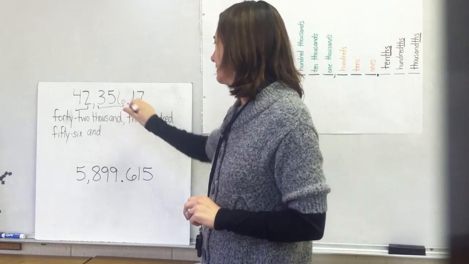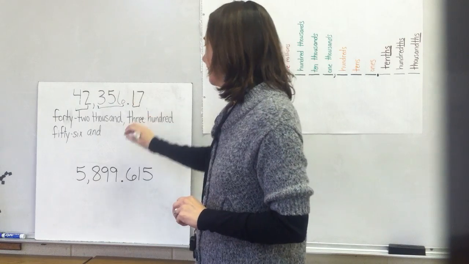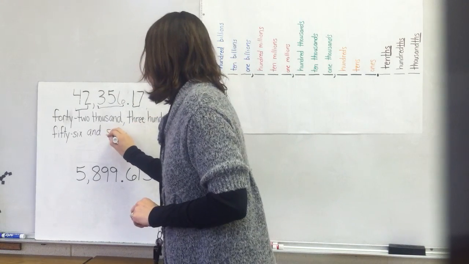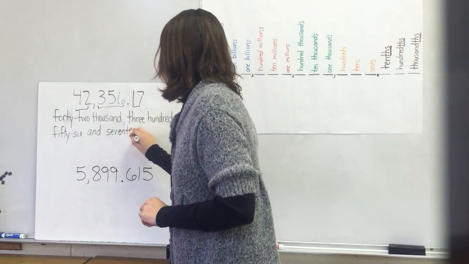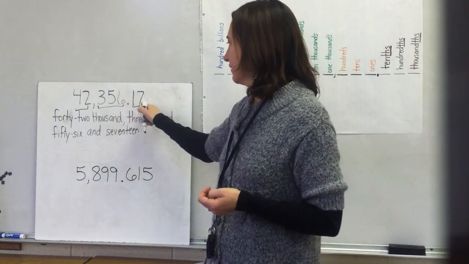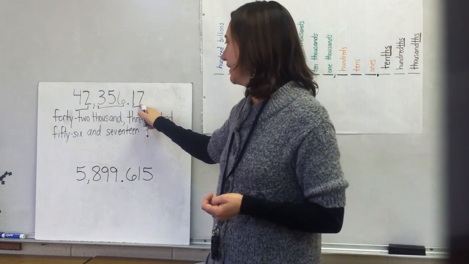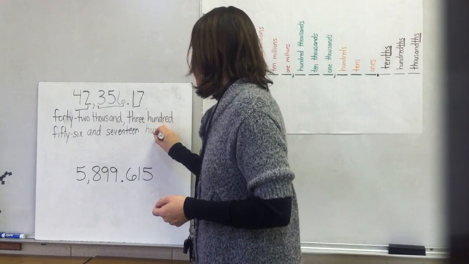Now we've got to read this all together, which that number is simply 17. Now what place value does this end in? The hundredths place. So we're going to name that 17 hundredths.